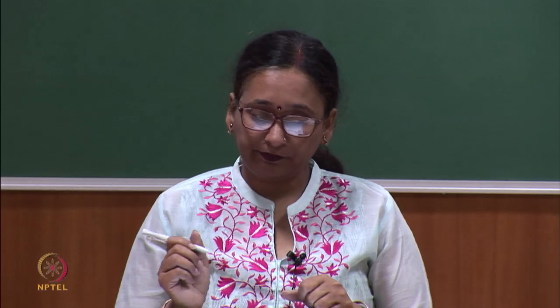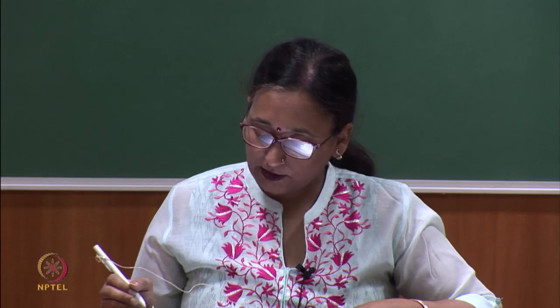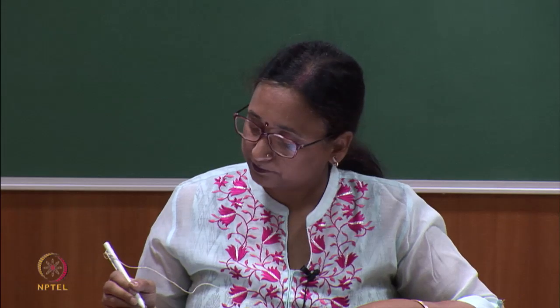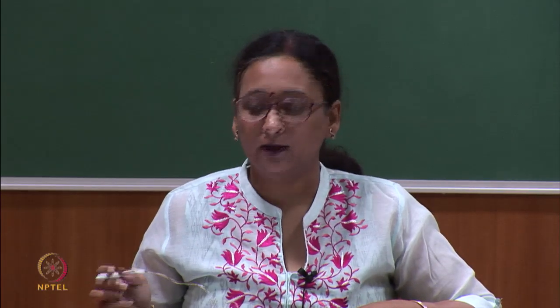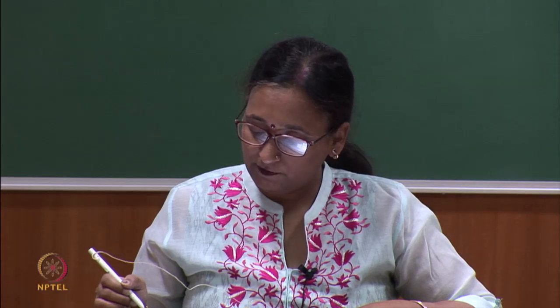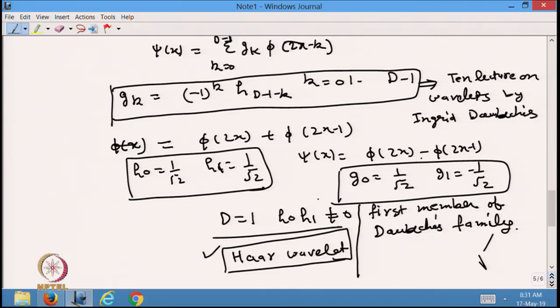Now, I will tell you how to compute these filter coefficients for a general order D wavelet. In the previous slide, we computed h_k and g_k not in a general way, because we knew the analytic expression for phi.